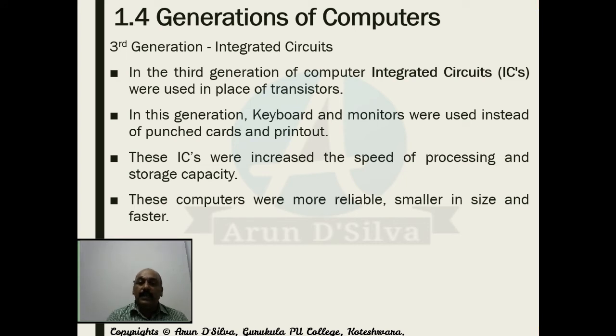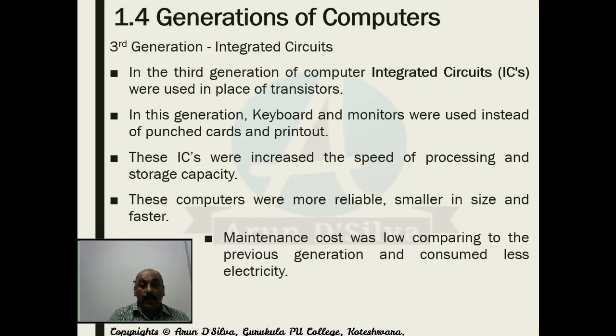And third generation computers were used more in commercial places and started moving to other countries. It started distributing the computers. The maintenance cost was low compared to the previous generation and they consumed less electricity.